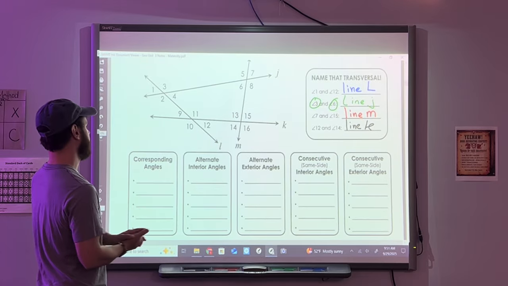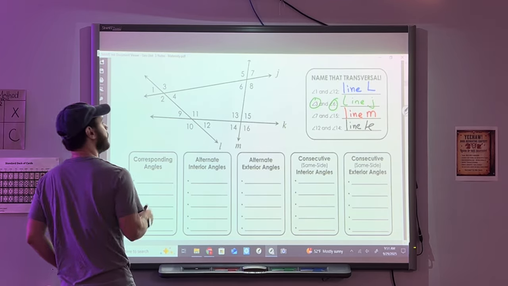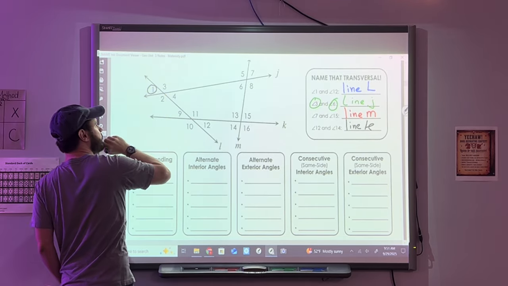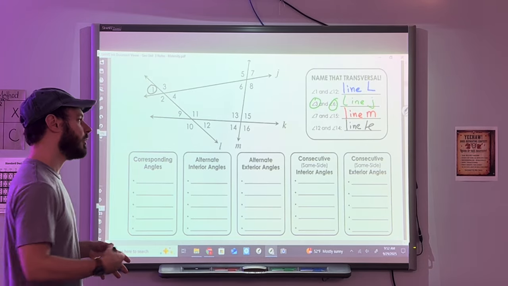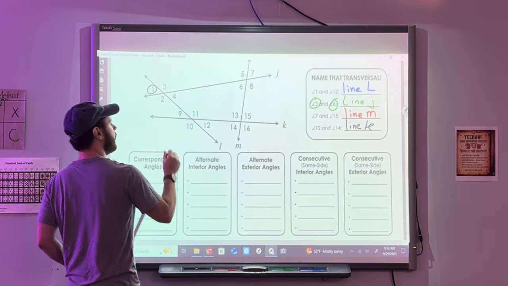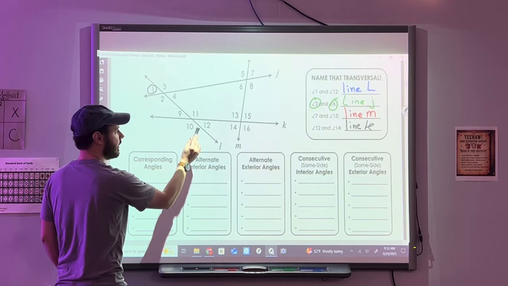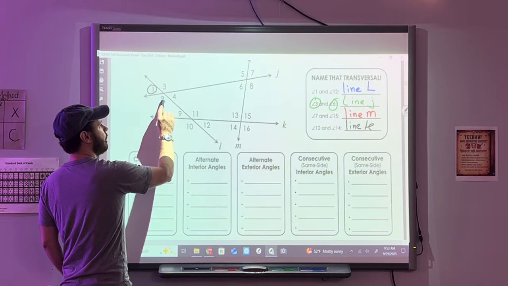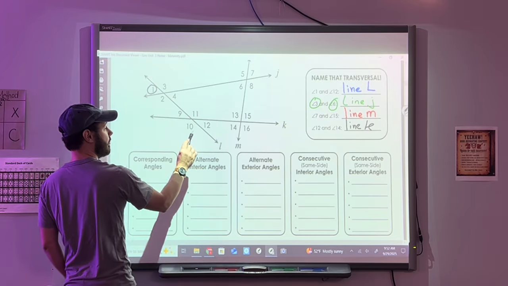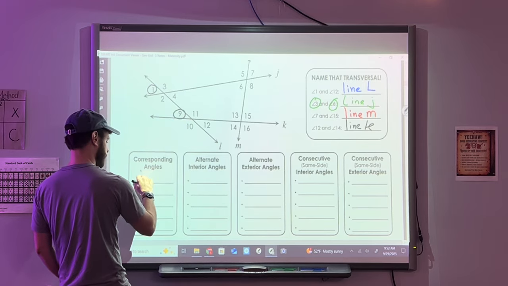All right, so let's use some examples. Corresponding angles, any that we choose. So, I don't know, start with number 1. I'm looking for something that's in the same position as that one and on the same line. So, same line would be if I follow this down here to this cluster of 4, I could use this. 1 is in the top left, so the top left one of these ones is 9.